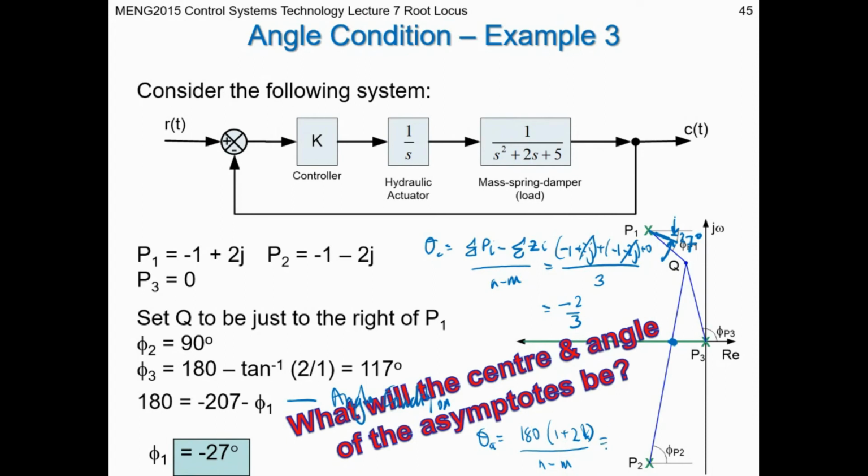So the angle of the asymptotes is going to be 60 degrees. The next one will be at 180, and the third one is going to be at 300 degrees. Those are the values of k equals 0, k equals 1, k equals 2.